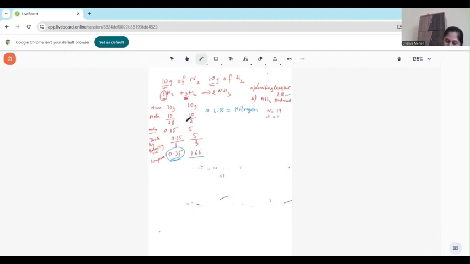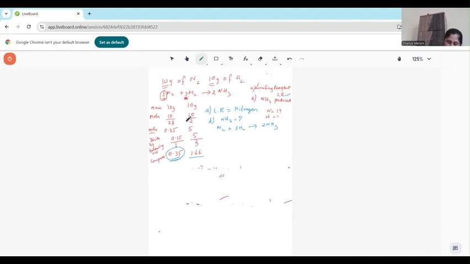Our B question is, how much ammonia is produced? For this, I have to write the reaction once again. N2 plus 3H2 giving you 2NH3. Now I will rub out the steps from here.